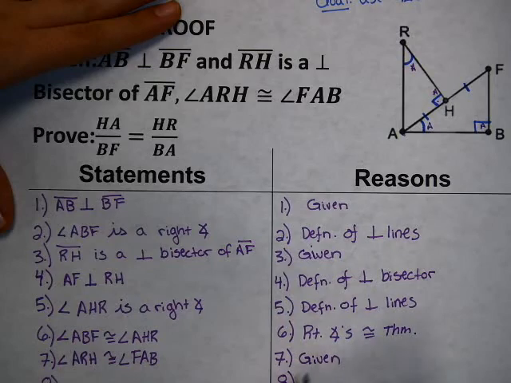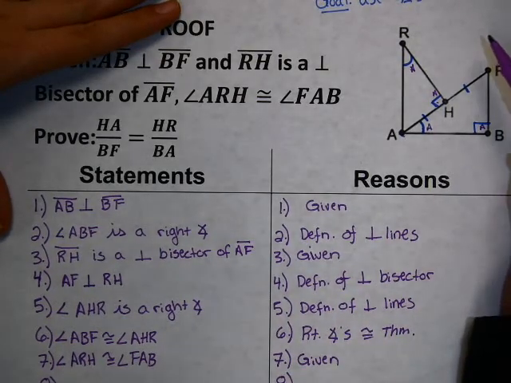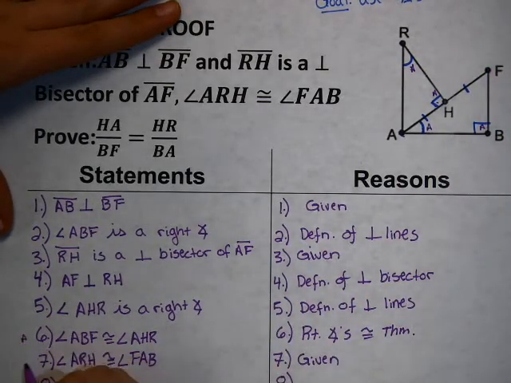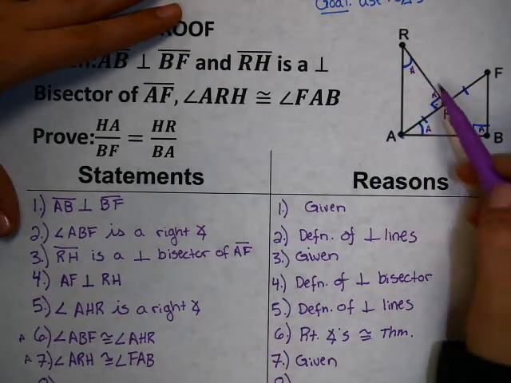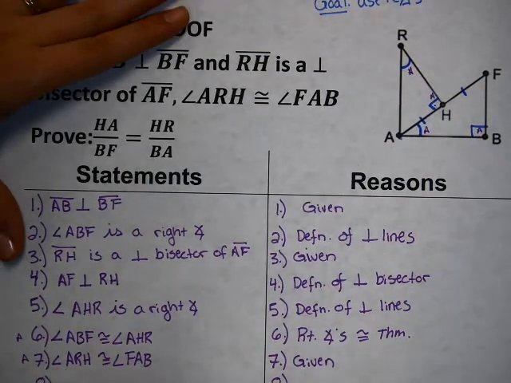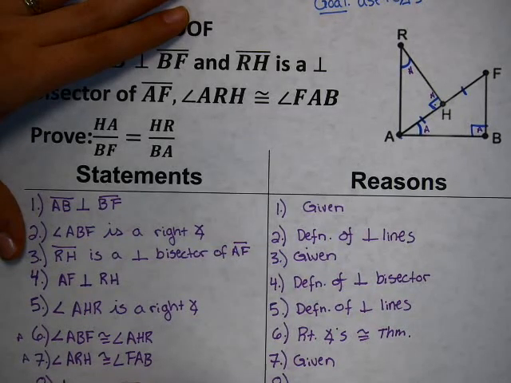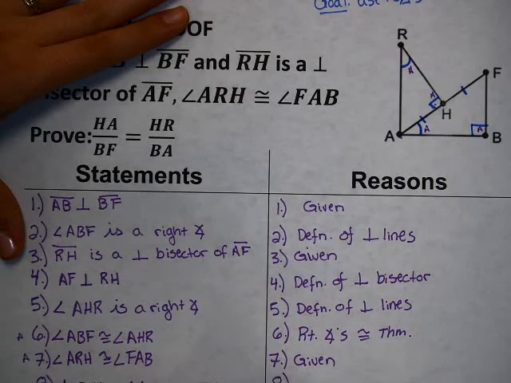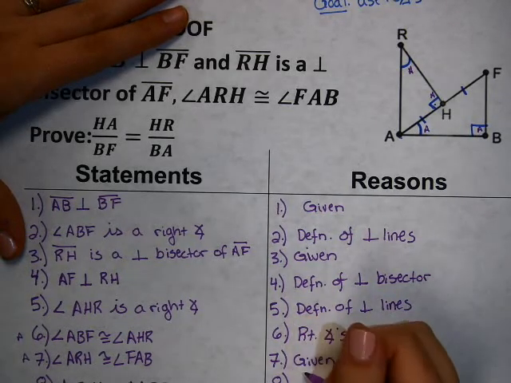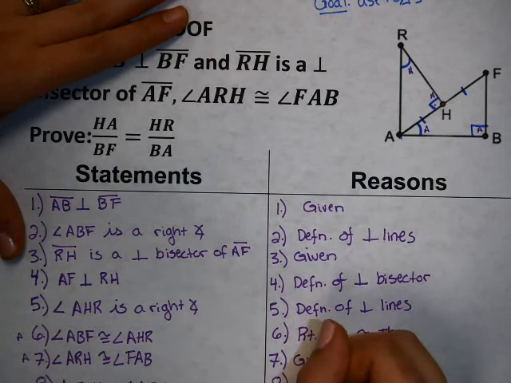And step 8, I now have enough, here's my angle, to say these two triangles are not congruent, but these triangles are similar. So triangle RHA is similar to triangle ABF. And that's going to be by angle similarity postulate.